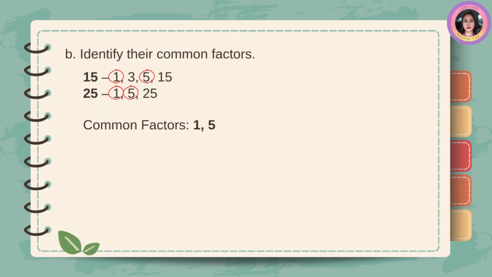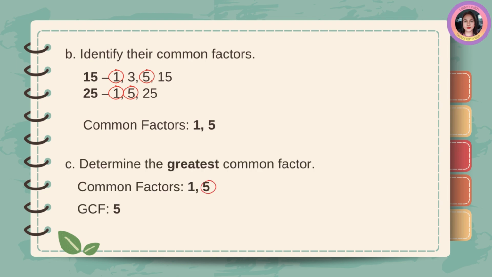Identify their common factors. The common factors of 15 and 25 are 1 and 5. Determine the greatest common factor. The common factors are 1 and 5, and the greatest common factor is 5.